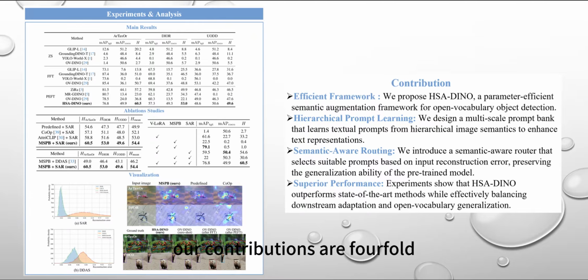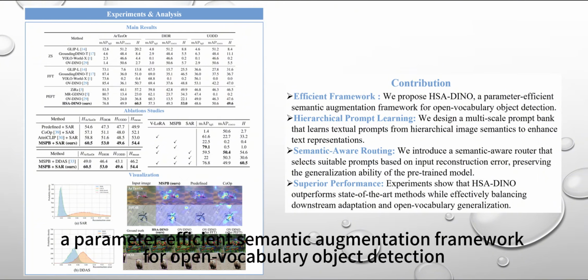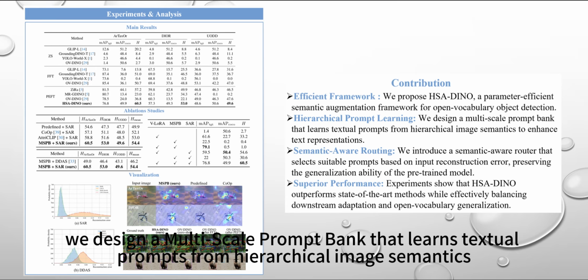To summarize, our contributions are fourfold. First, we propose HSA-DINO, a parameter-efficient semantic augmentation framework for open vocabulary object detection. Second, we design a multi-scale prompt bank that learns textual prompts from hierarchical image semantics.